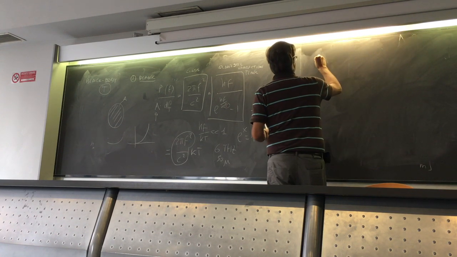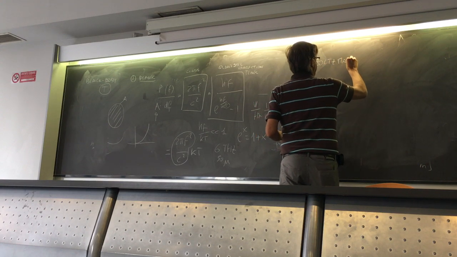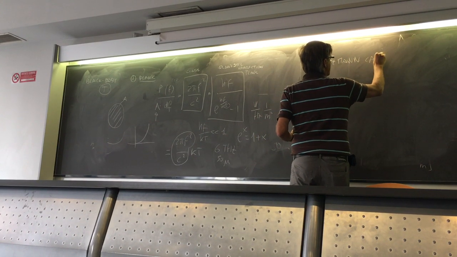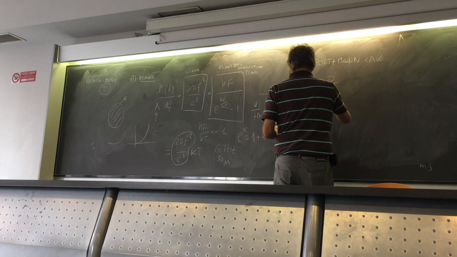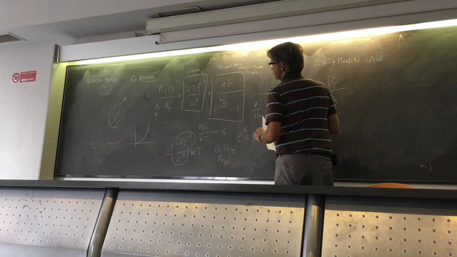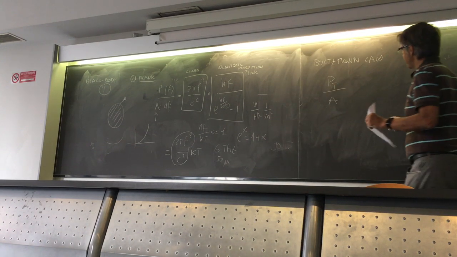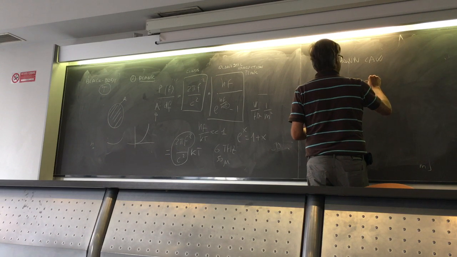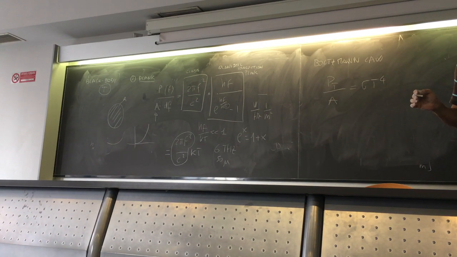So this is what we call the Stefan-Boltzmann law. The law says that the total power divided by the surface is sigma T^4. So it's very, very simple. It's the fourth power of temperature.